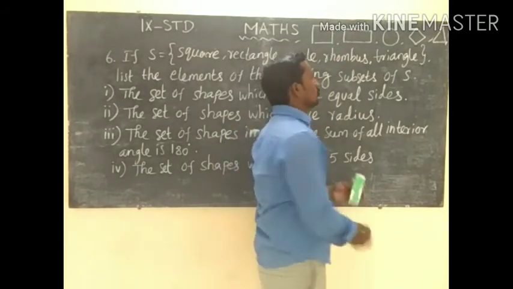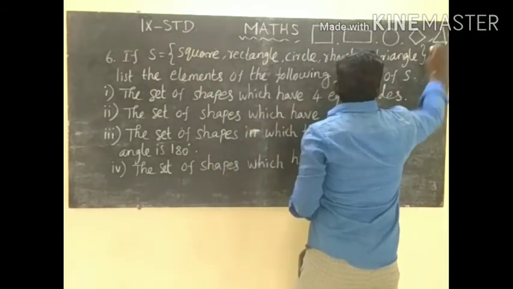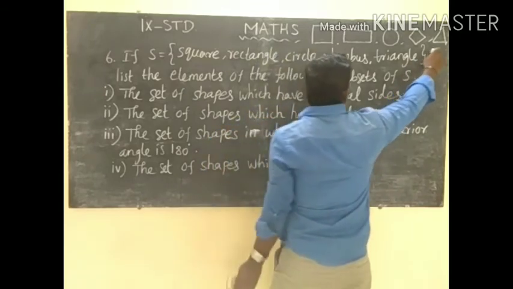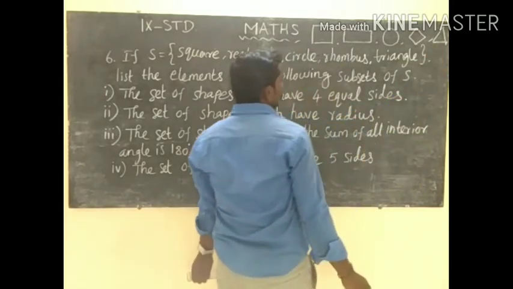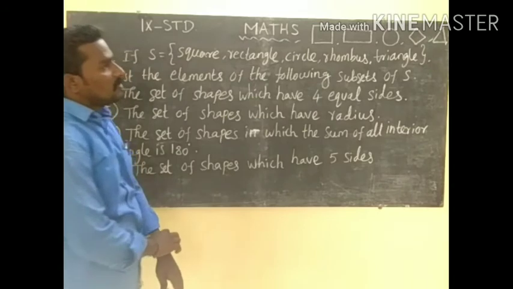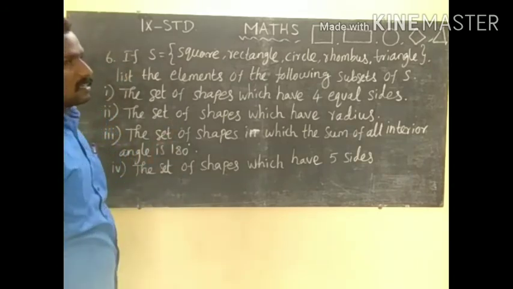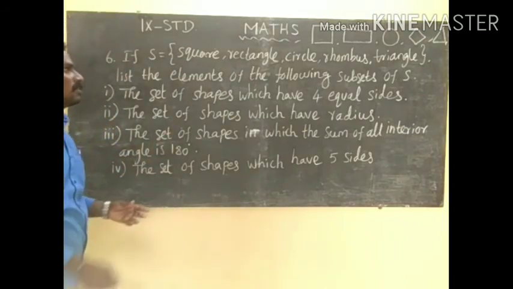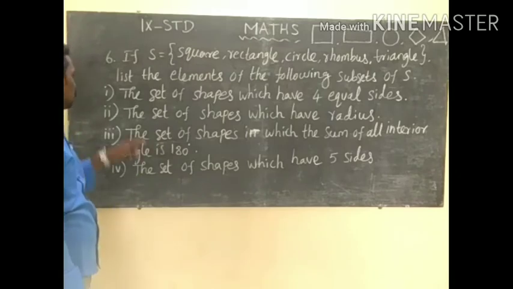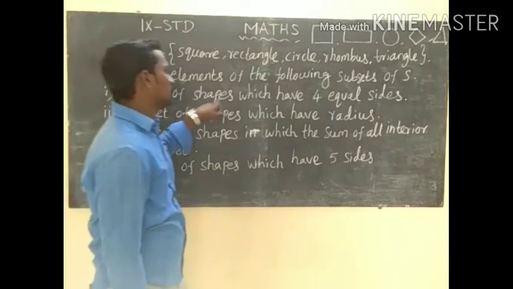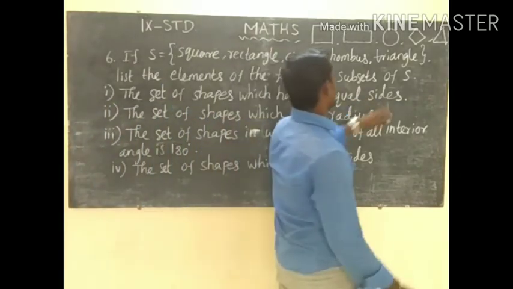Next one, the triangle. The triangle has 3 sides, 3 vertices, 3 angles. These are the properties of the shapes. The question: the set of shapes which have 4 equal sides.